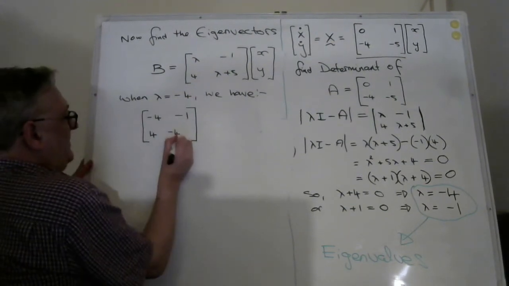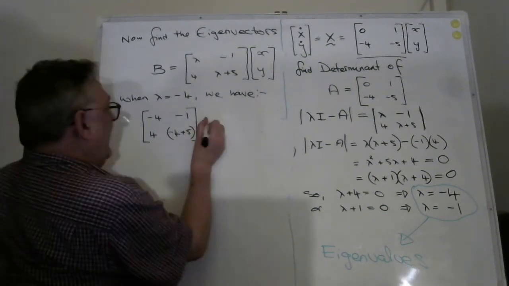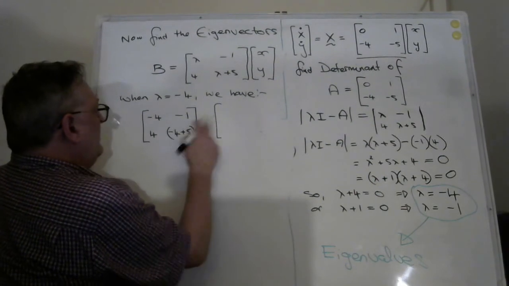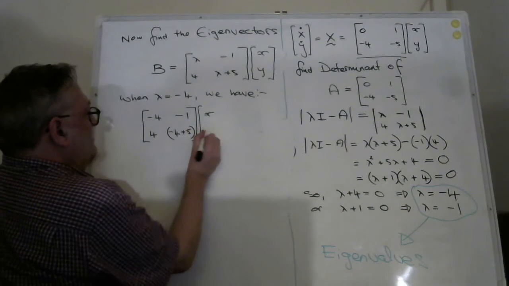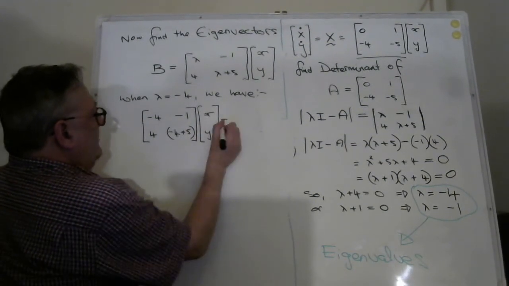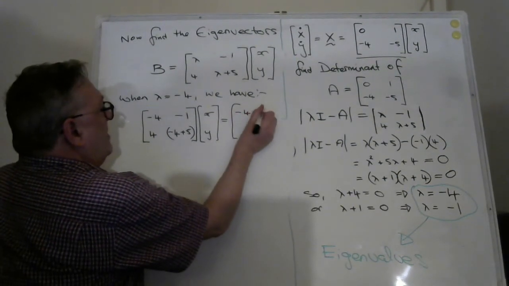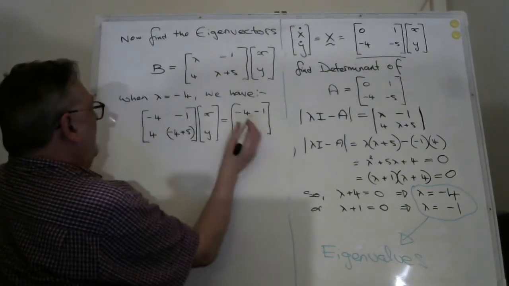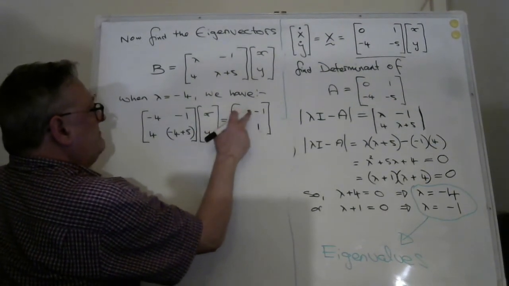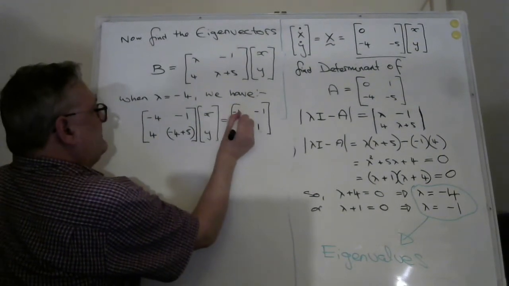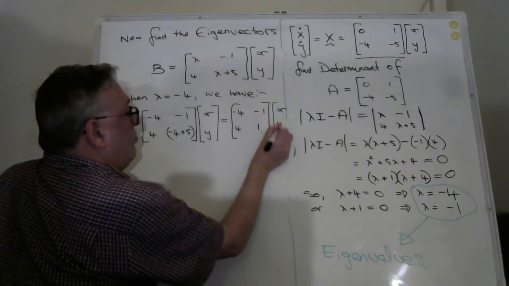I'll write it down for you. So that's on its own, and that is equal to, in fact, actually I should have the X and Y in there, and that's equal to -4 -1, 4 and 1 times X and Y.